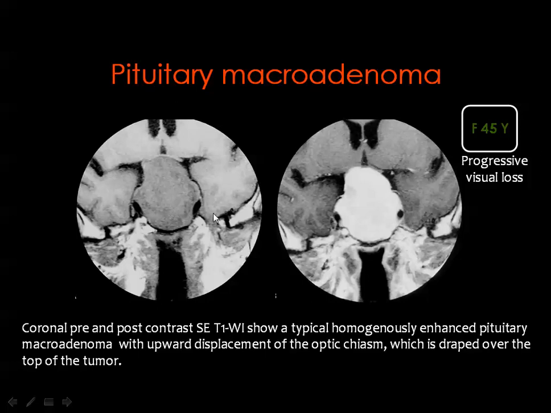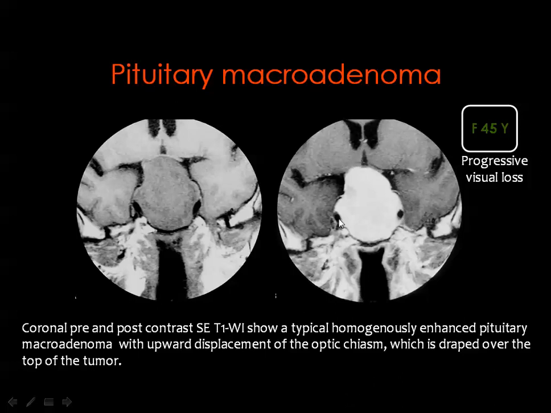The pre-contrast coronal T1 and the post-contrast coronal T1 weighted image show a big pituitary mass, and this mass is occupying and expanding the sella with extension into the suprasellar area that has compressed and flattened the optic chiasm, as well as indented the region of the hypothalamus.